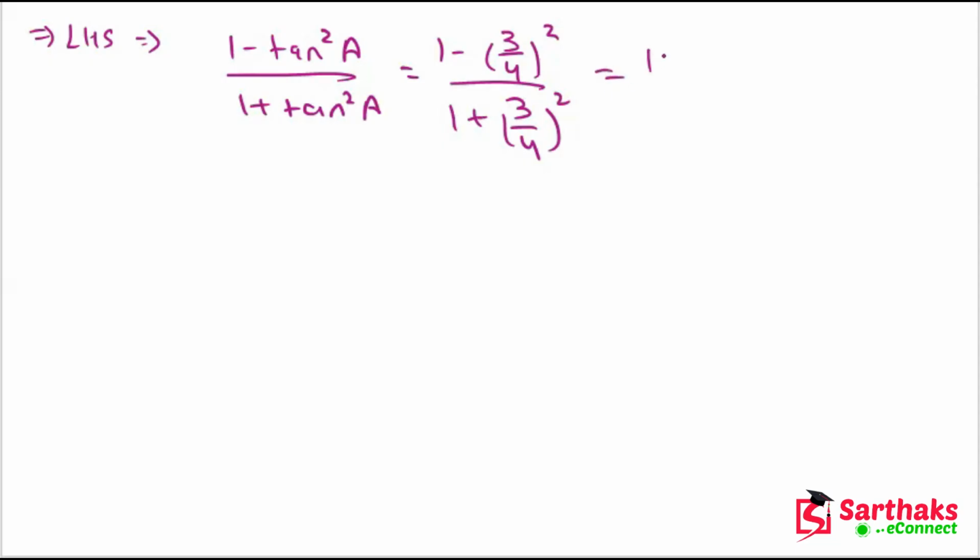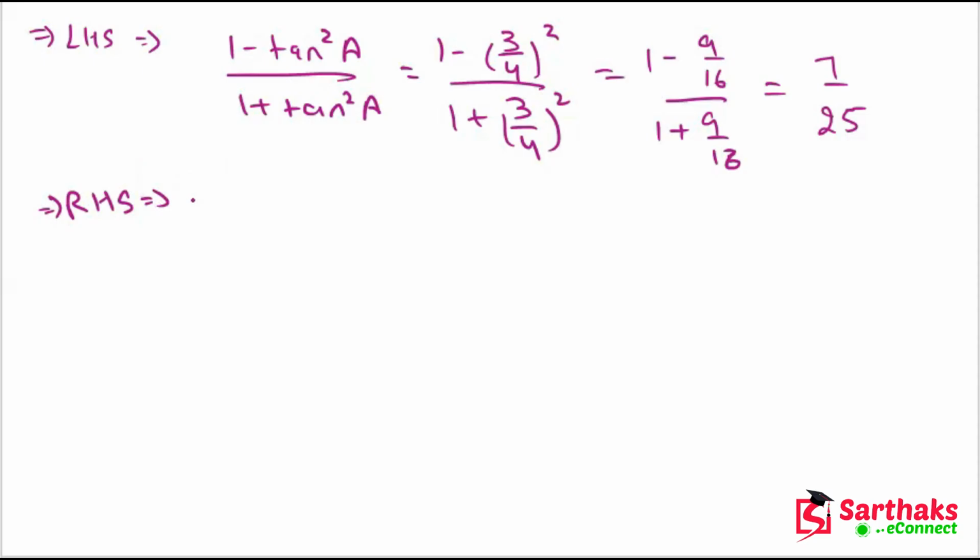It becomes 1 minus 9 upon 16 over 1 plus 9 upon 16, and if we solve it, we get 7 upon 25.